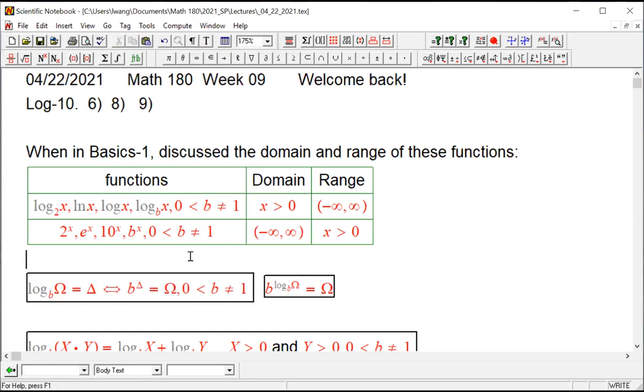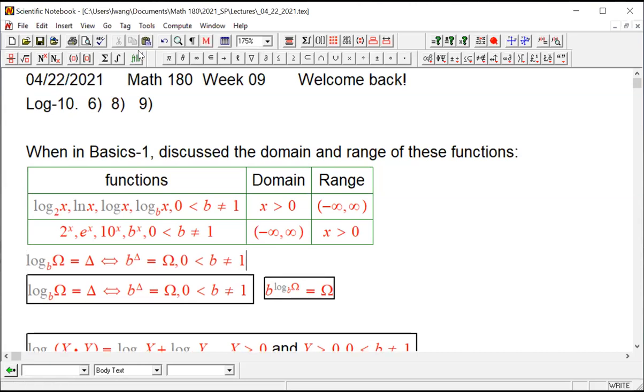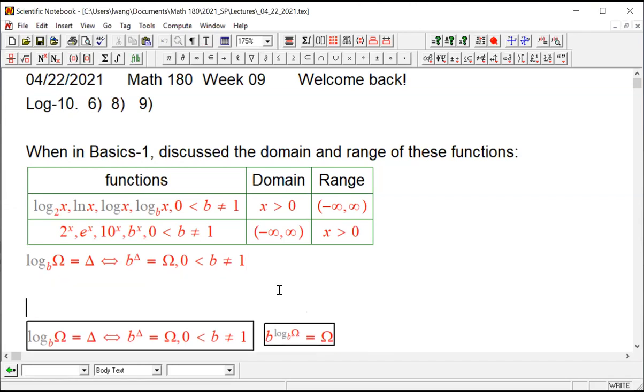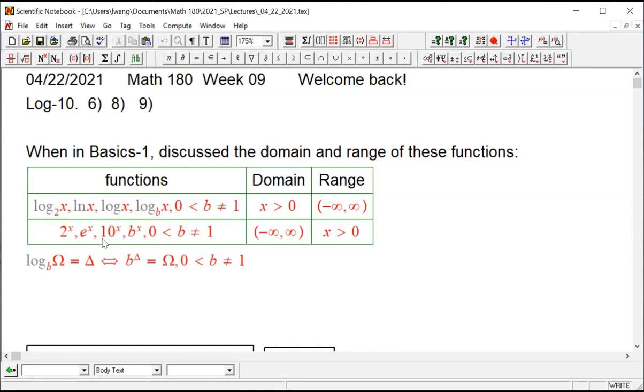I'm going to show you the reasoning. Once you understand the reasoning, you don't have to memorize. That's the point I want to make, that you don't have to memorize these tiny little things, but very important things. So now let's see how that is reflected.